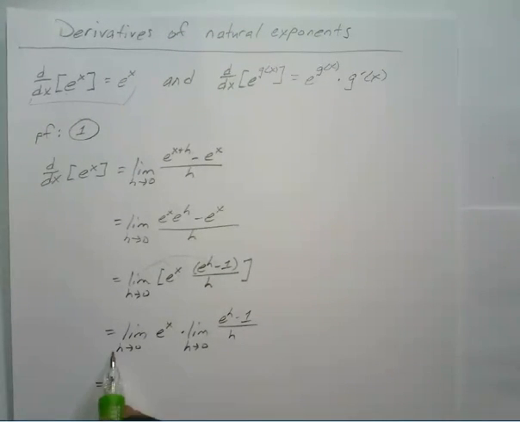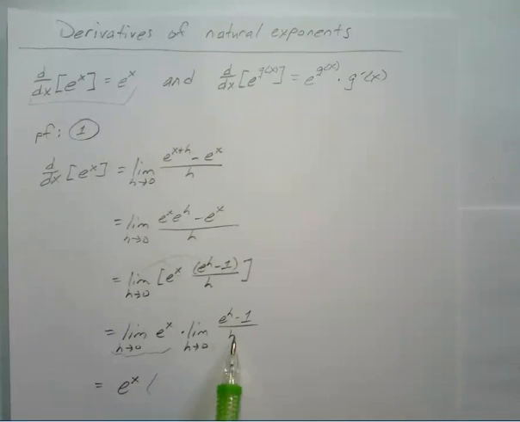For this first factor, you have the limit as h approaches 0. Using direct substitution, there's no h to be replaced, so this is just e to the power of x. And for this one, if you plug in values of h as it gets closer and closer to 0, you'll see that the limit of this factor is equal to 1.